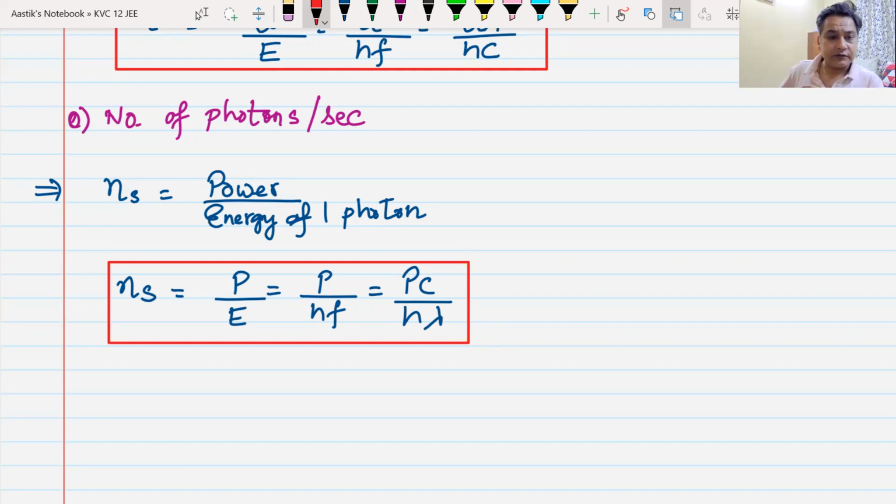Oh, I've written it upside down. Now I think it's correct.